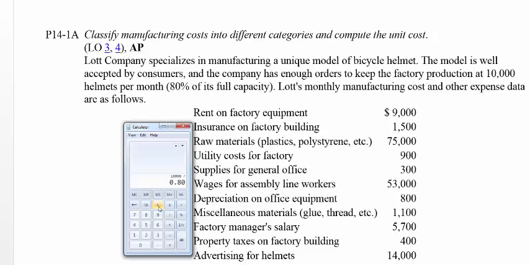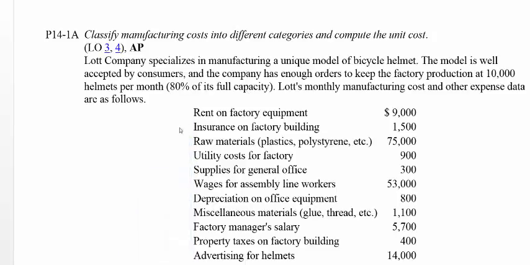All right, so 10,000 helmets is 80% of how many total helmets that could be produced. All right, so 12,500. We could produce an additional 2,500 units of helmets if we were to receive orders or warrant the need for it. All right, so capacity, we're going to see that again more as we move through the semester.